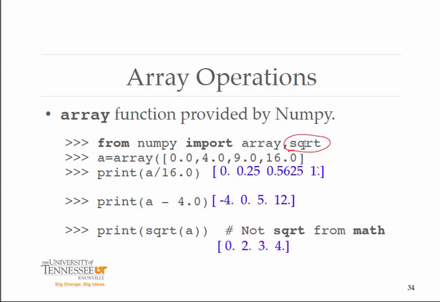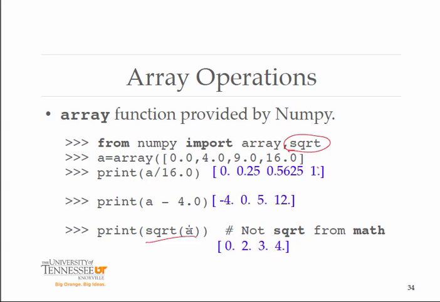So what's the difference? This square root function applies to inputs which are arrays, not just regular scalar values, just regular single numbers that we've seen before. If you did not import this sqrt function and then applied it, as you see down here below, on an array, that would generate an error, because the interpreter would say, I have access to a square root function, the one from the math library, but it doesn't understand what an array is, because an array is a function that's provided by Numpy, not the Python core libraries that you get by default.